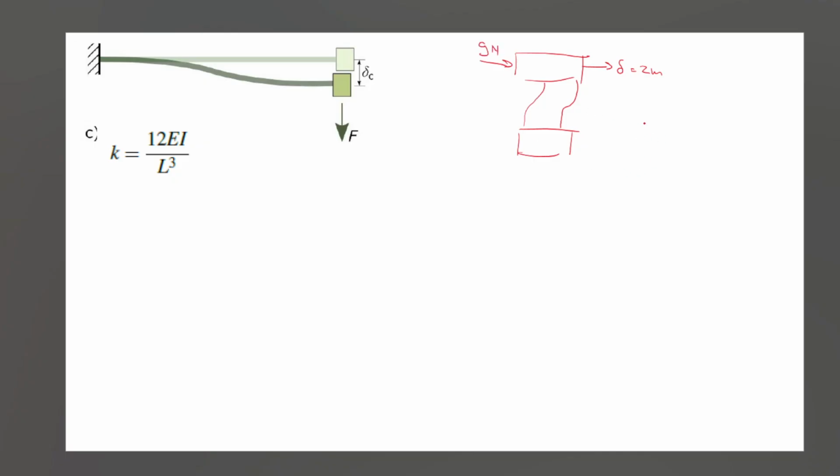That means that the system stiffness is of course 9 over 2, or 4.5 newtons per millimeter. Also what we know is that we've got two flexures working in parallel. So we know that K system is K1 plus K2.